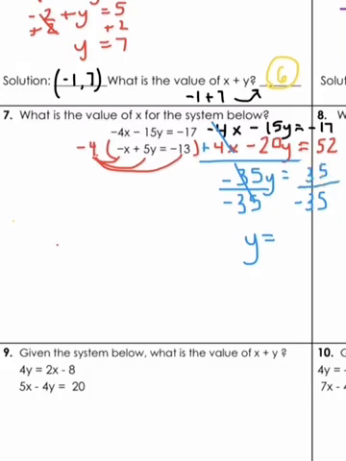Teachers make mistakes too. All right, so that one gave us the y value, so we are going to have to plug back in to find the x value. Pick either one. Negative 4x minus 15y.